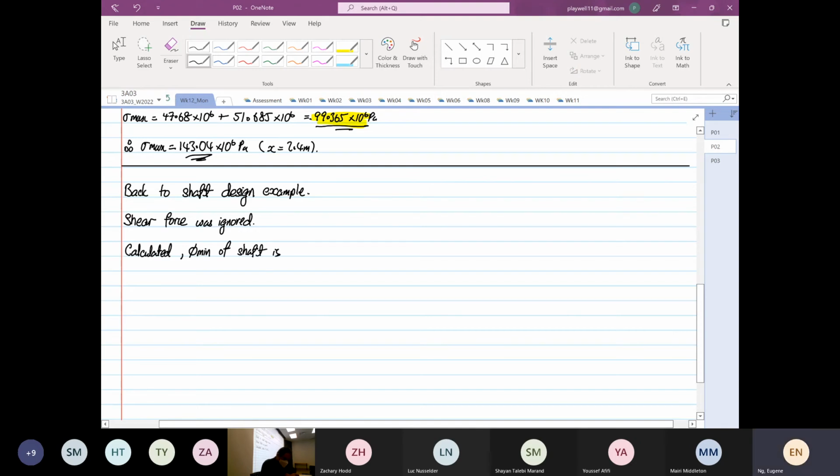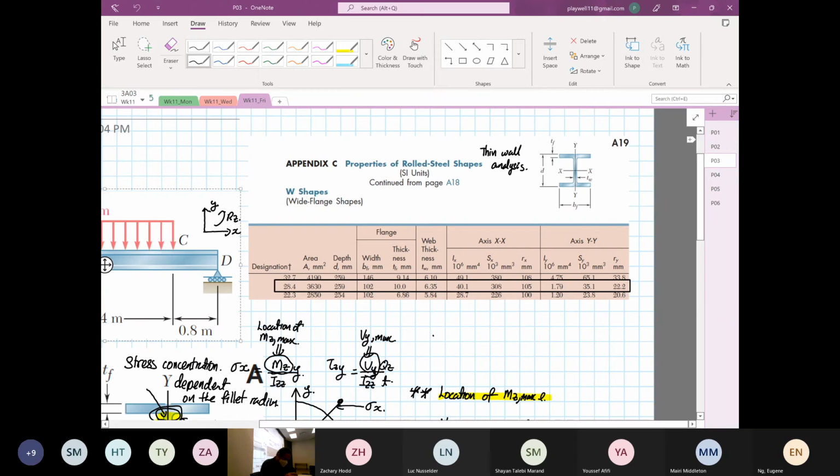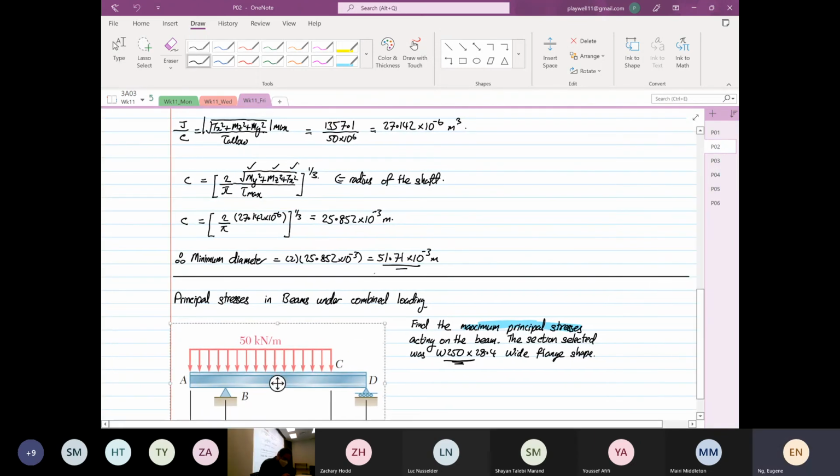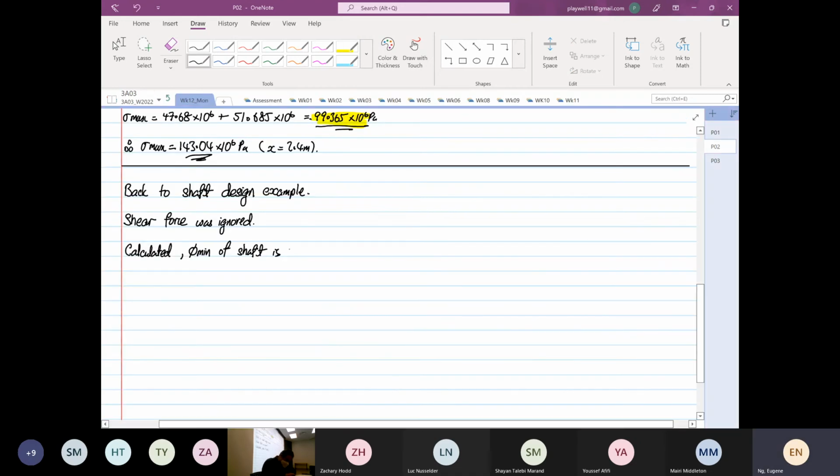If we go back to week 11, Friday, we have selected a minimum diameter of 51.71 millimeters. Can you see that? That's based on our calculation. For calculation's sake, I'm going to use 52 millimeters, because 51.71 is very hard to manufacture. I'm going to select that.